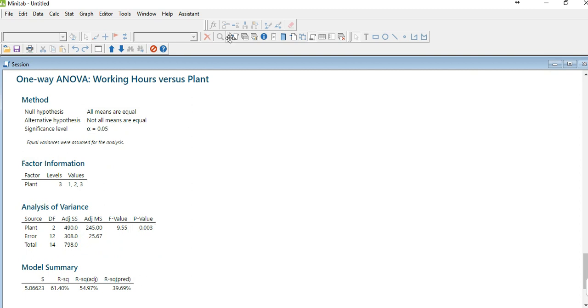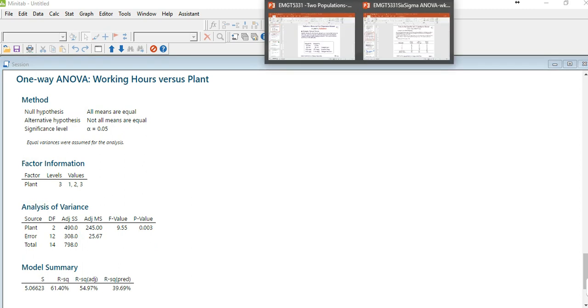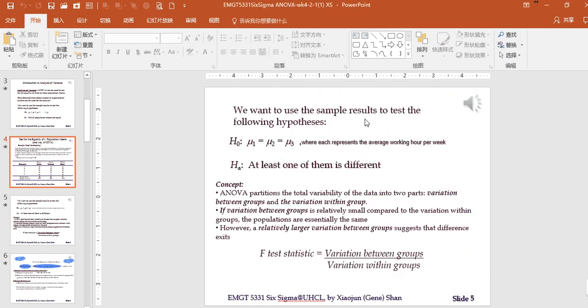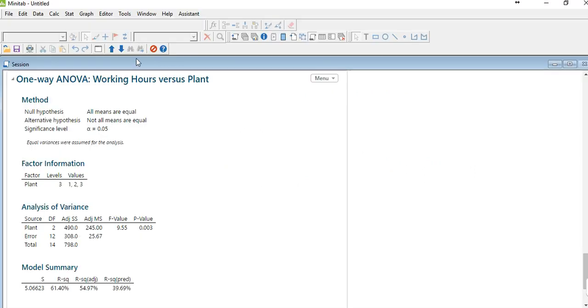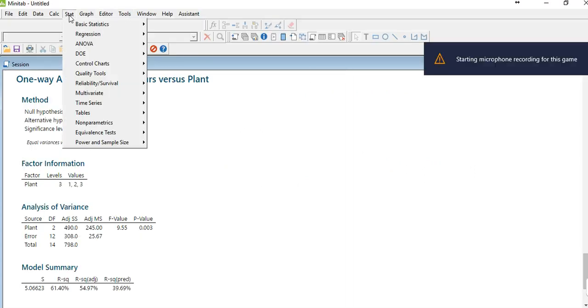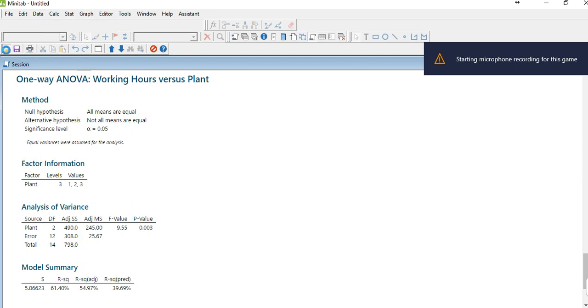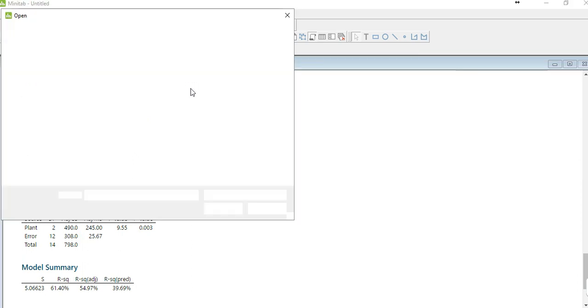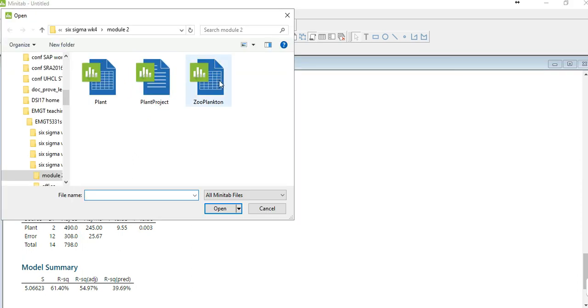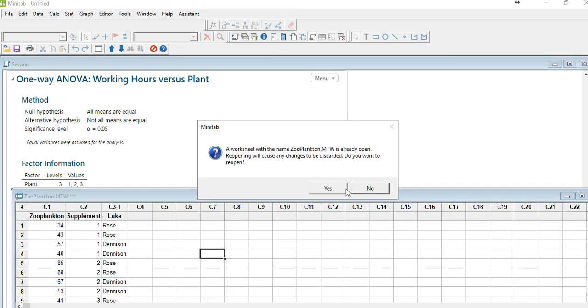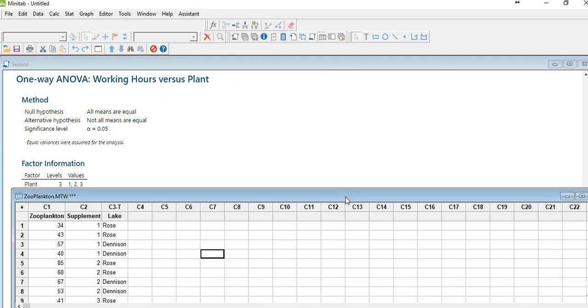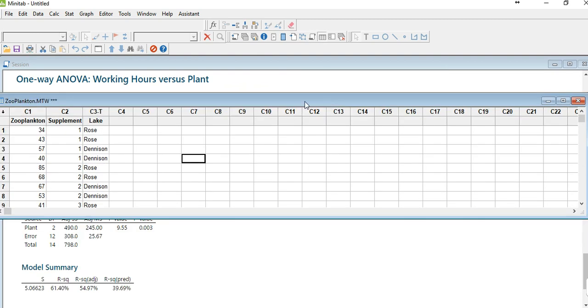Okay. So now let's take a look at the two-way ANOVA. Open the zooplankton file. First you look at the data.